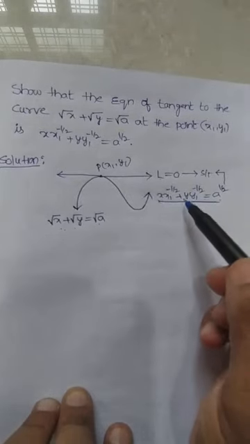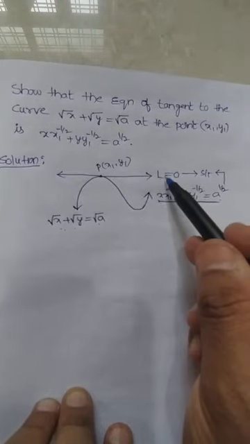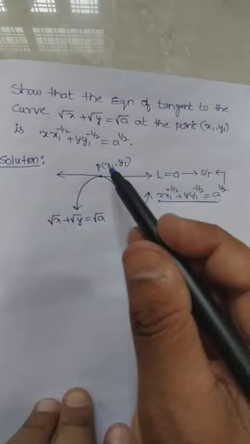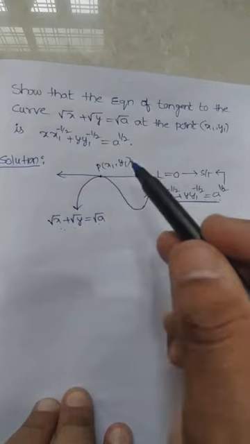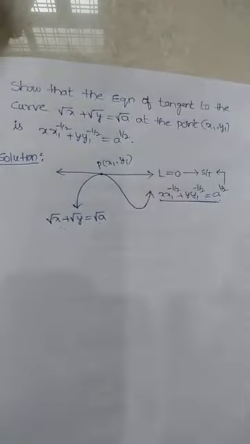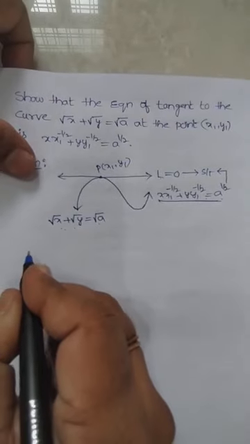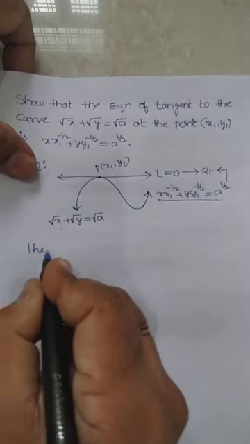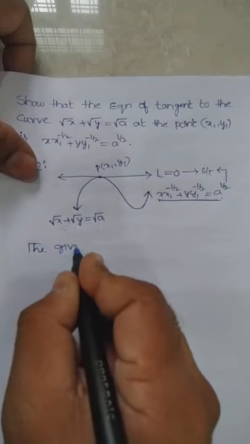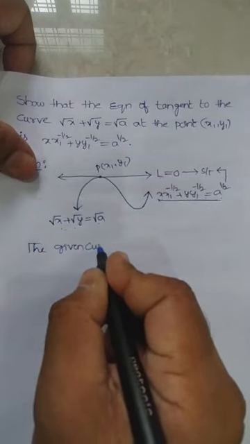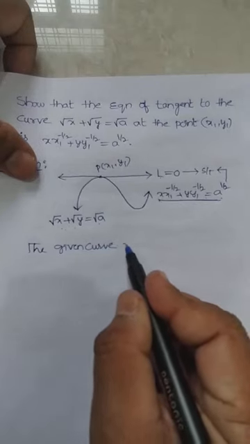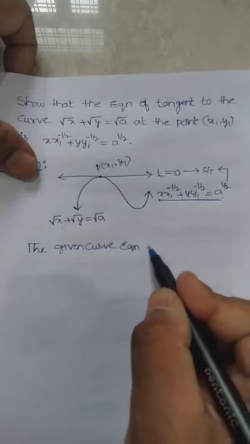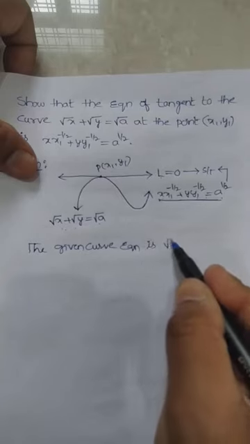Okay, so we require to find the tangent line equation, for that we require the slope of the tangent line, so we require to find dy by dx. So the given curve equation is, what is the curve equation here given?